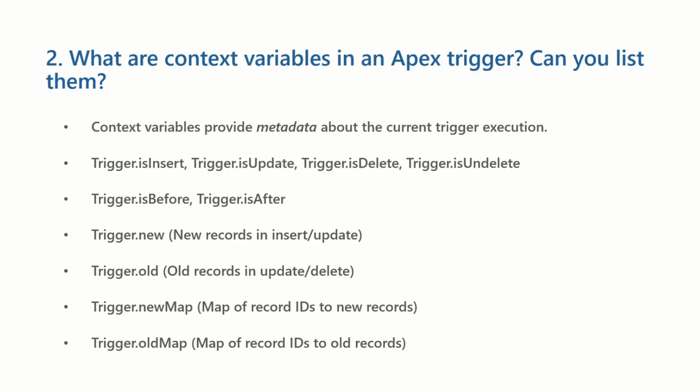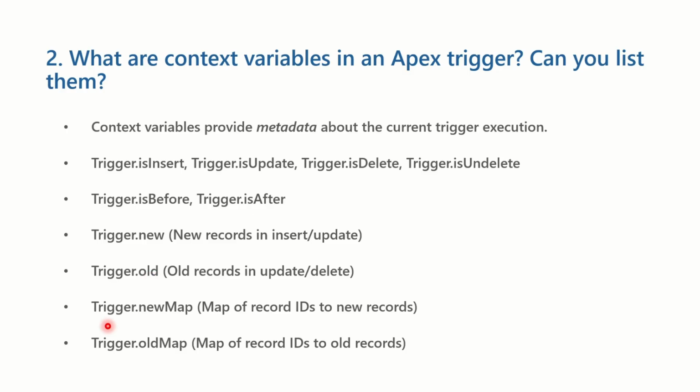Then context variables in Apex triggers. So context variables are going to provide you metadata. Metadata about what? About trigger execution. So what is getting executed and what is getting processed, that metadata you will get in these context variables. Then as I said, Trigger.new and Trigger.old are lists of new records and old records.